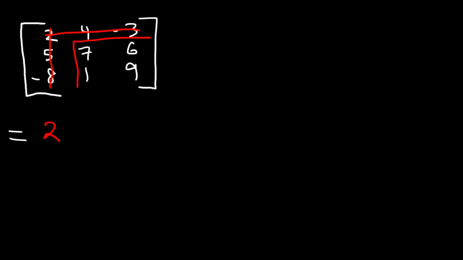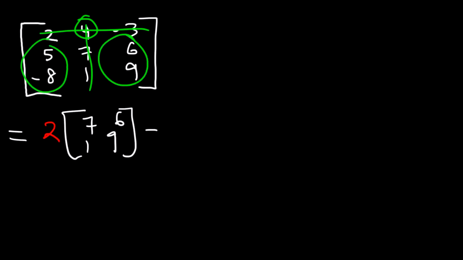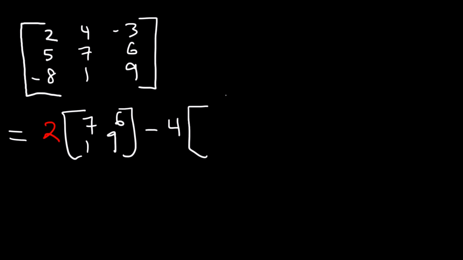So we're going to use 7, 6, 1, 9. So that's going to be inside the 2 by 2 matrix. And then minus. Now we're going to use the 4. And we're going to get rid of row 1, column 2. So we're going to have 5, negative 8, and 6, 9. So it's a minus 4, and then 5, negative 8, 6, 9.